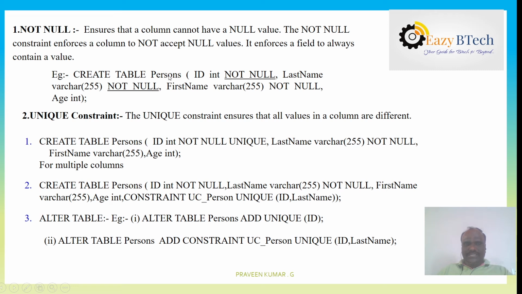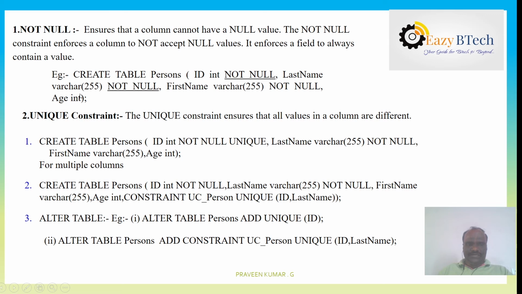In this particular table, id integer not null means that when you enter values into the table, you must initialize a specific value. In this example, id, last name and first name are not null; only age is nullable.